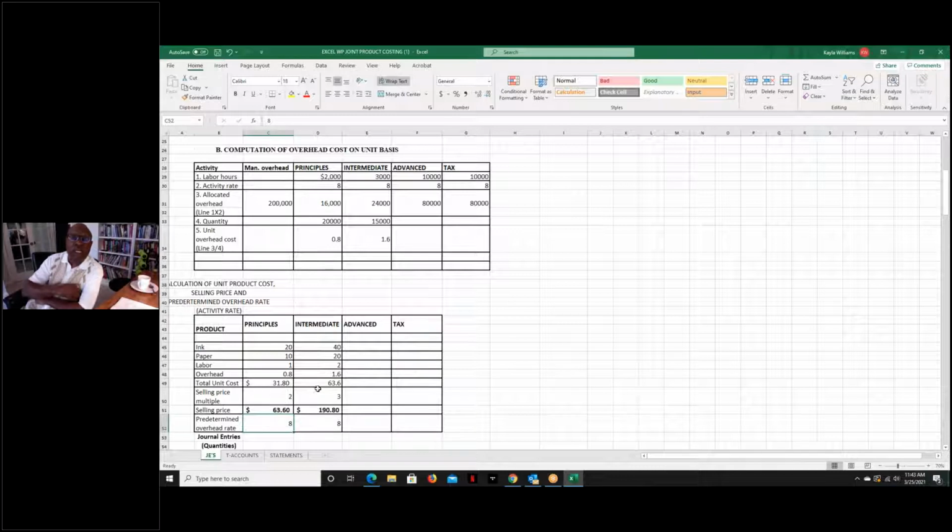Oh, that's this one. My fault. You would clear that, and then you would highlight the 40, the 20, the 2, and the 1.6 in that box, and the box below too. So highlight all that, and then right click.